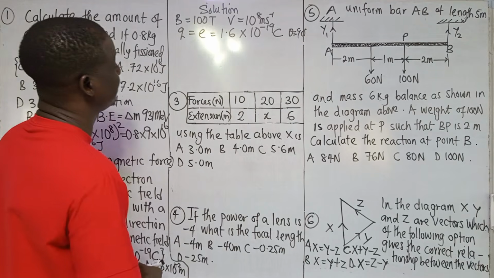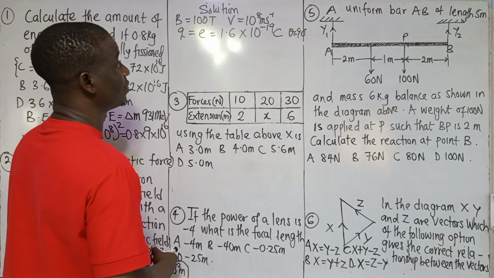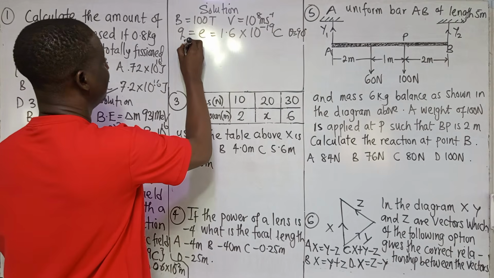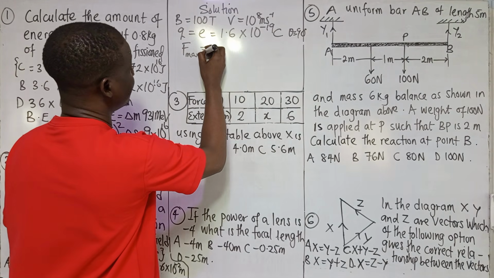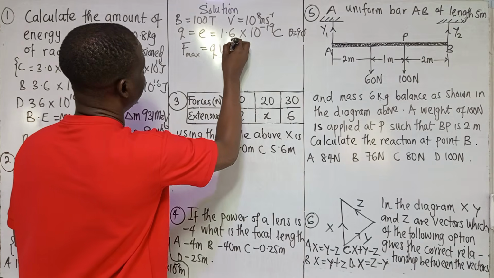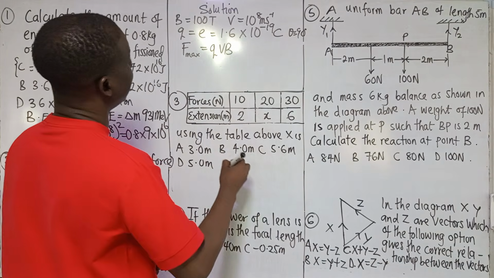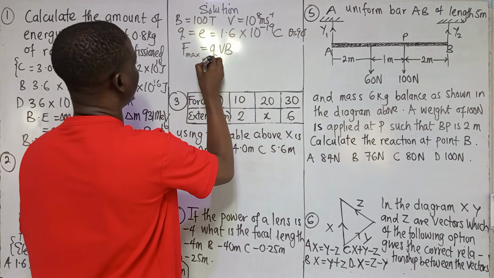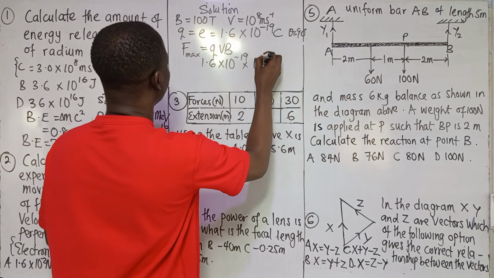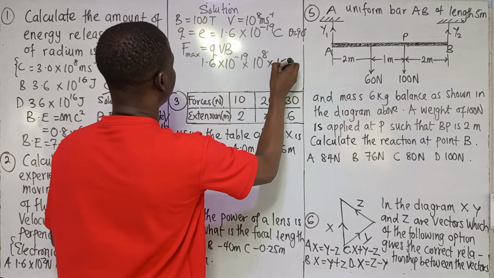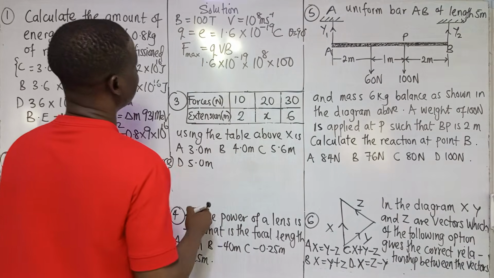So if the angle between the magnetic field and the velocity is 90, that means maximum force is produced on the charge, which is QVB. So Q is 1.6 times 10 power minus 19, times 10 power 8 for the velocity, times 100 Tesla.